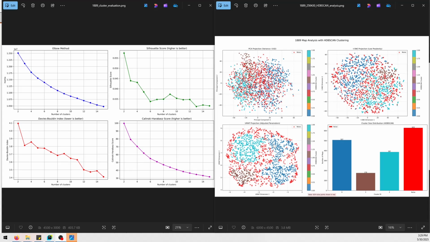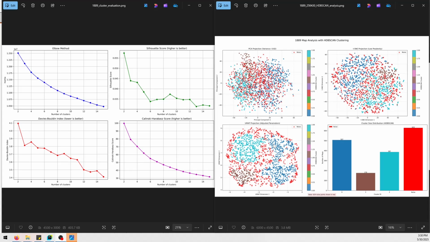Maybe there's a little more differentiation between these clusters in 3 dimensions. But in general, I wasn't very impressed by the clustering characteristics of the 1889 game group, which maybe just is further confirmation that the map in 1889 is not very variable and not a very useful way of looking at the strategies in that particular game.